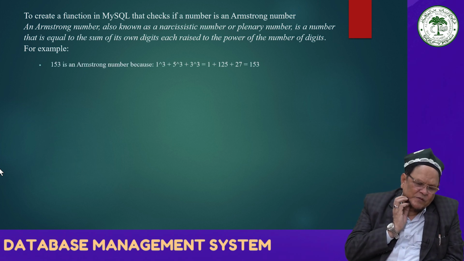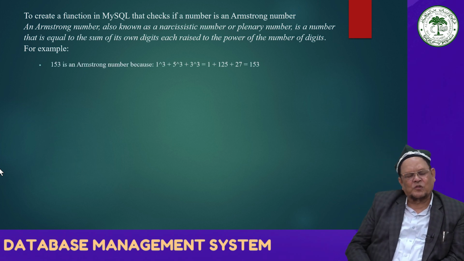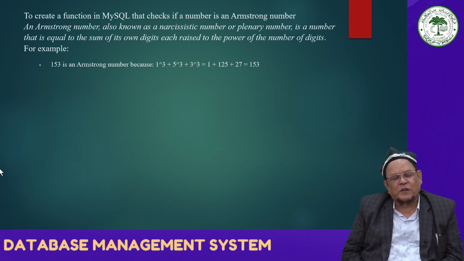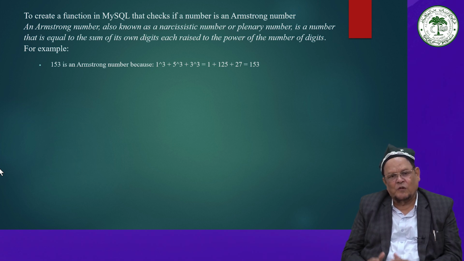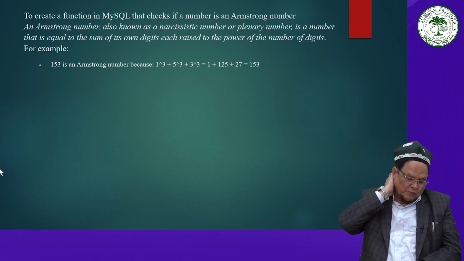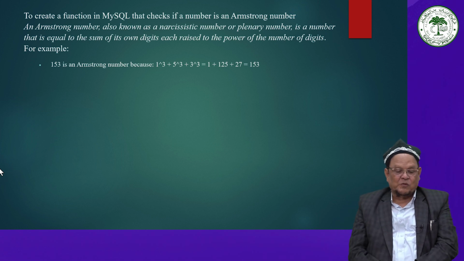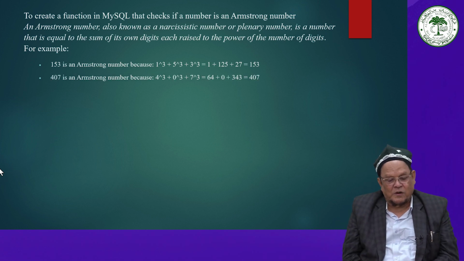For example, 153 is an Armstrong number. Why? 1 cubed is 1, 5 cubed is 125, and 3 cubed is 27. When you add all these numbers, it becomes 153. It means this number is an Armstrong number.